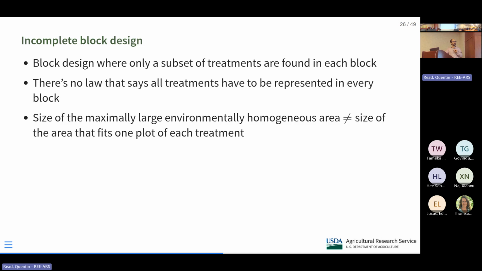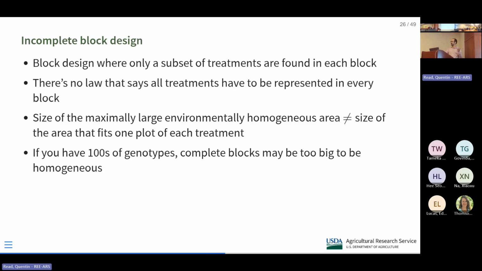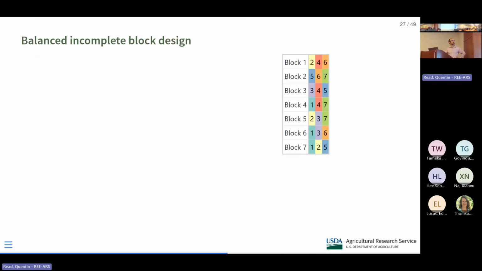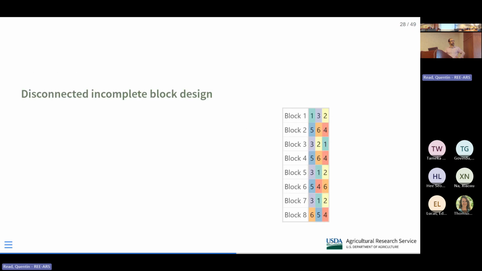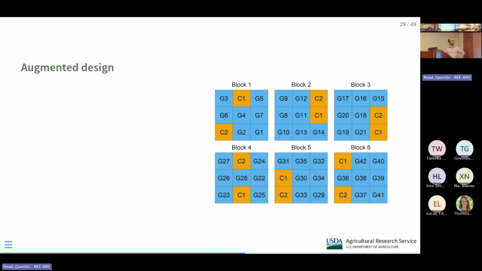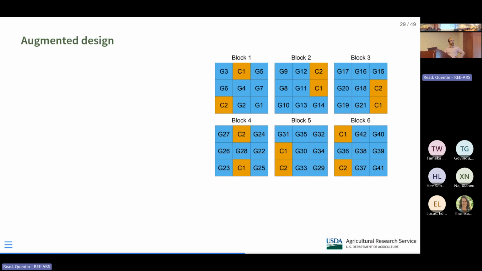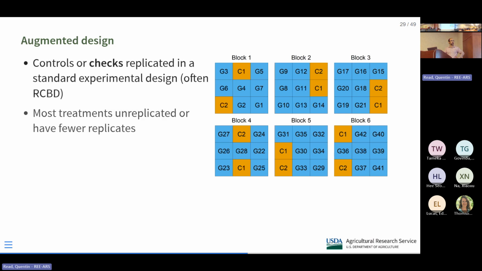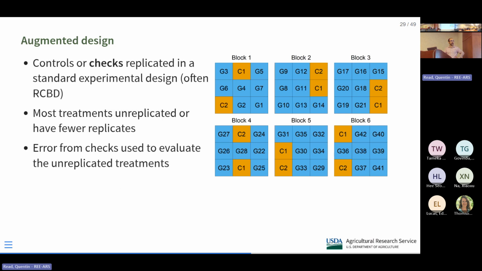There are incomplete block designs that can have more statistical power if you have hundreds of genotypes you're comparing in a trial. I'll just gloss over that since you all probably won't work on that stuff. And augmented designs for the same reason, that's more relevant to ag scientists.